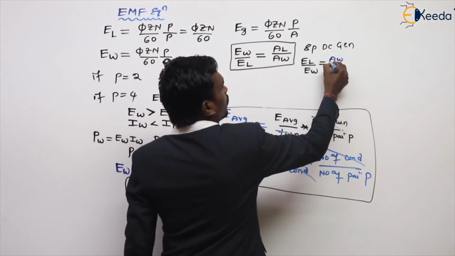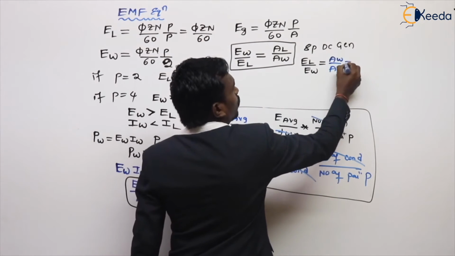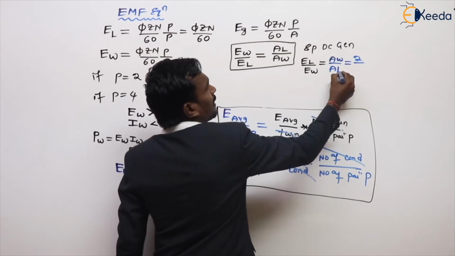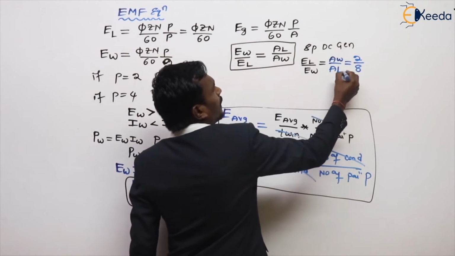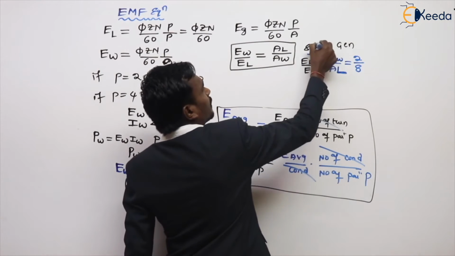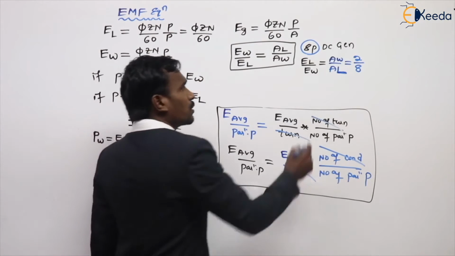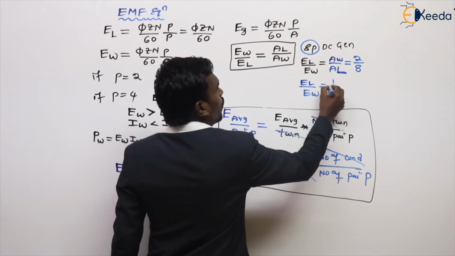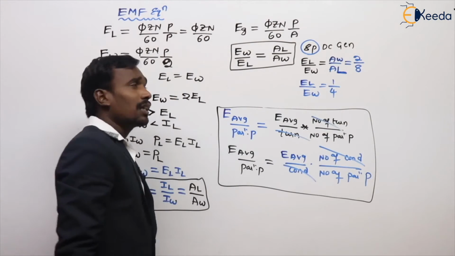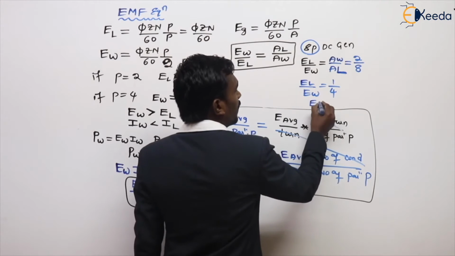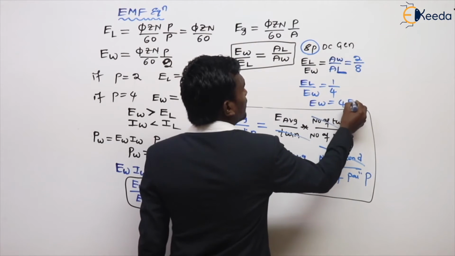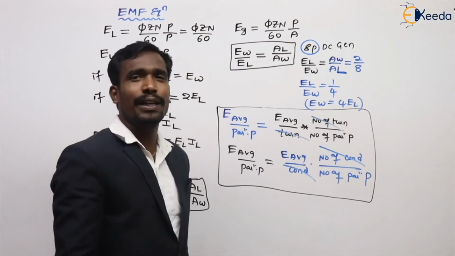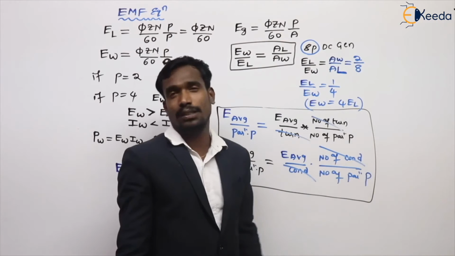So AW upon AL: the number of parallel paths in wave winding is 2, and the number of parallel paths in lap winding is 8, because the number of parallel paths in lap winding is equal to the number of poles. So the EMF in lap winding to the EMF in wave winding is 1:4. That is, the EMF in wave winding is 4 times the EMF in lap winding, because the voltage is 4 times more in wave winding compared to lap winding.